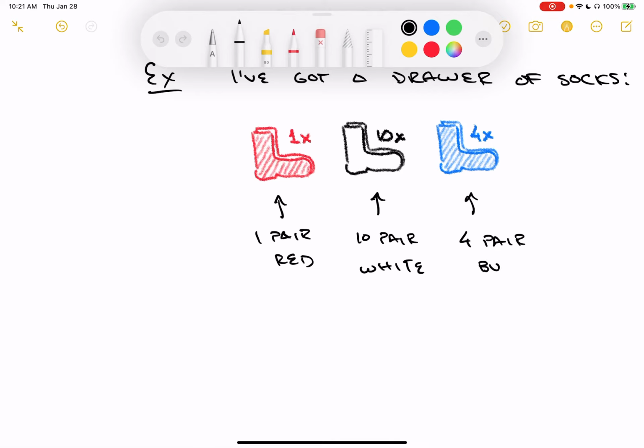Being busy, doing the things that we all do, I didn't bother to match these up. I just threw them all loose into the drawer after I finished my laundry, for example.